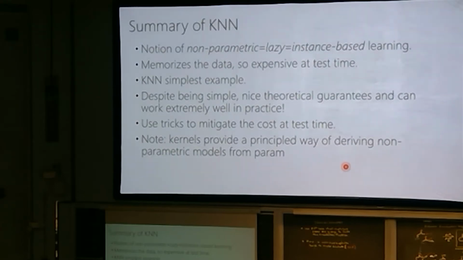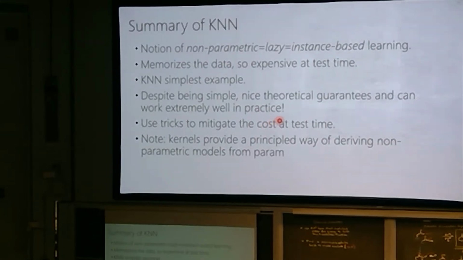So, just a summary of K nearest neighbors from the last class. In this class, we're finishing off this notion of non-parametric instance-based learning, which memorizes the data. KNN is the simplest example, but it's so simple and has these nice theoretical guarantees, and it actually does get used and can work well in practice. People use the various tricks I just showed you to mitigate the cost of test time, where you have to search through every single point if you do it naively.